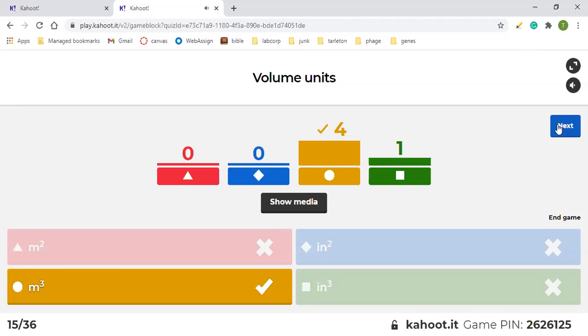Meters cubed is going to be the units we use for volume once we get to that portion, once we get to momentum and inertia, but get to know the units now.